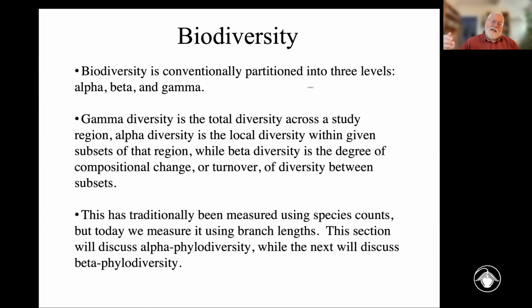The other is a file in a format called Nexus, which is neither here nor there, but it's basically a text file in a particular format that has the alignment of the DNA data in it and the tree that's been inferred from it. It can also just have the tree if you've pulled the tree out of some kind of a database of trees. But you have a tree file and a spatial data set.